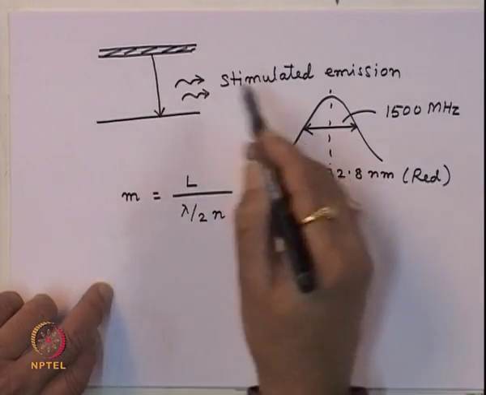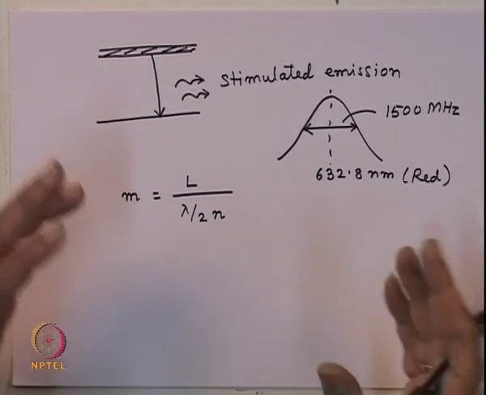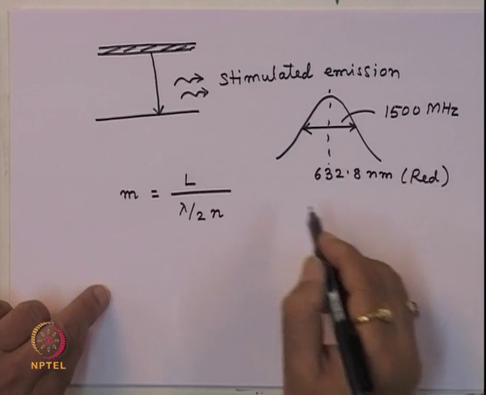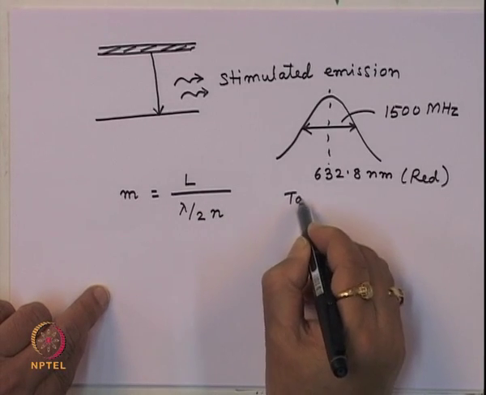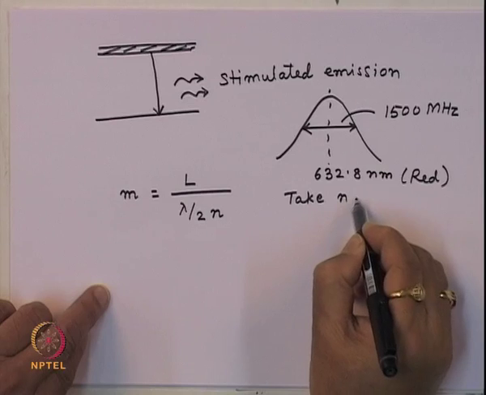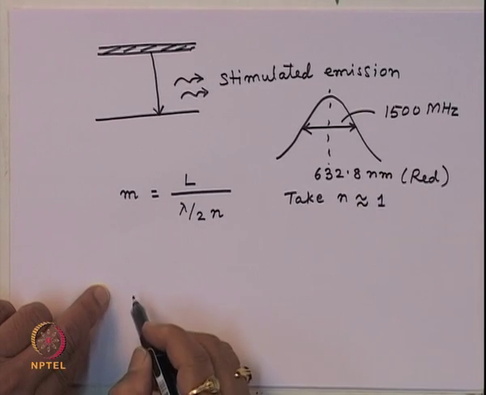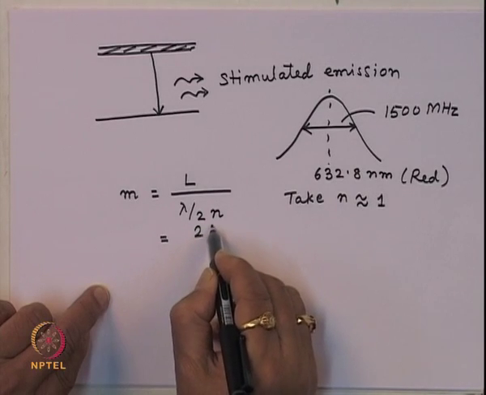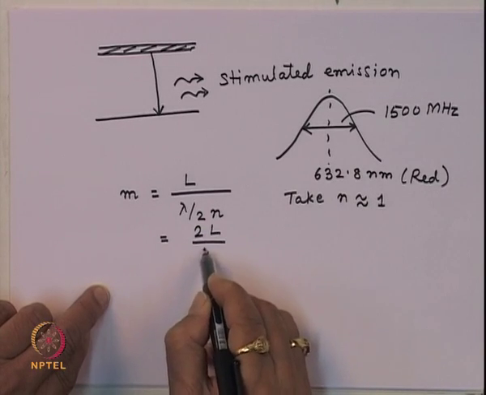Now, for the helium neon laser, since the medium is gaseous, n can be taken approximately equal to 1. So, that simply says this is equal to 2L divided by lambda.